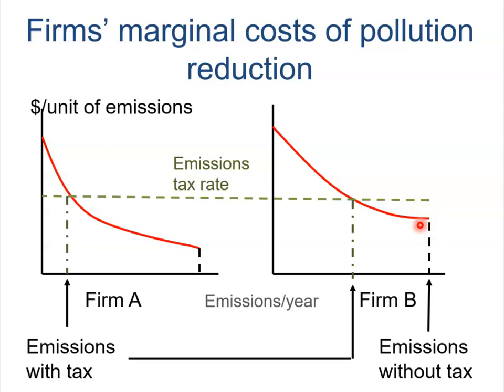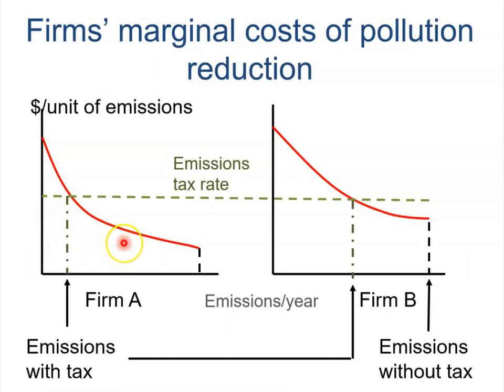The point is that if we've got, say, two firms, I'm calling them Firm A and Firm B, that have different costs per unit of reducing emissions, then what we want to do is to reduce emissions in the cheapest possible way. So suppose that a tax rate per unit of emissions is imposed, shown by this dotted green line.